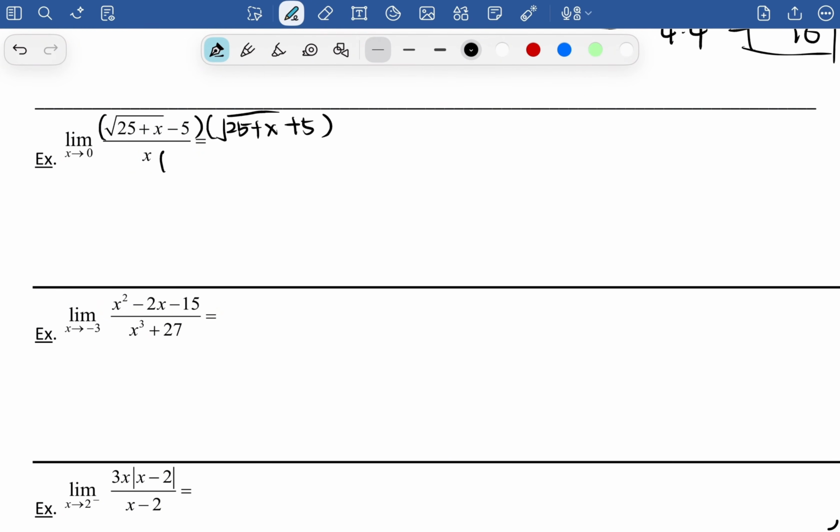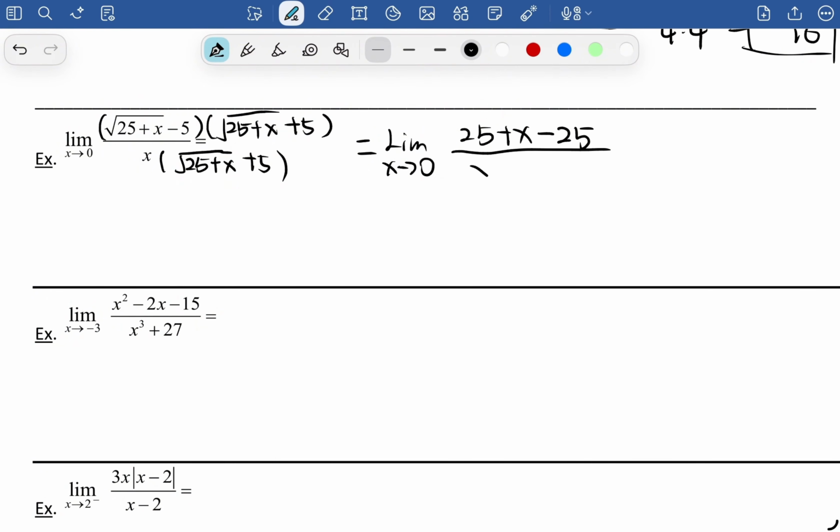Don't forget the denominator, the square root of 25 plus x plus 5. Simplify a little more. We're getting the limit as x approaches 0 of 25 plus x minus 25, divided by x times the square root of 25 plus x plus 5.